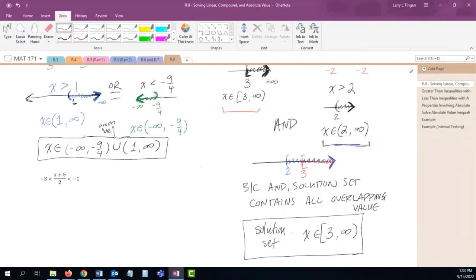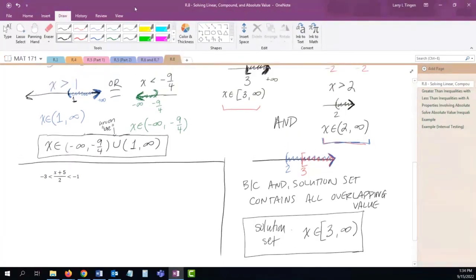So there is a symbol for and, the intersection symbol, but we don't typically write it because it can look like the final answer if we're not careful. So we avoid that. All right. These are going to come with practice, and practice is what's going to be required for this section.